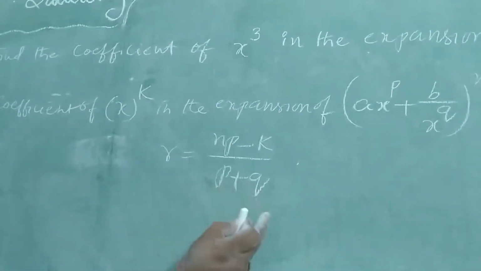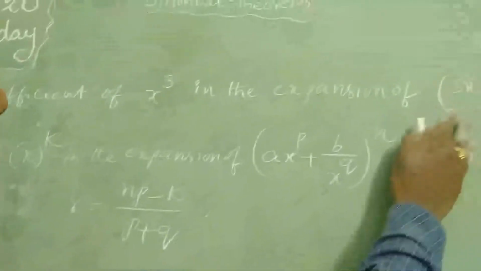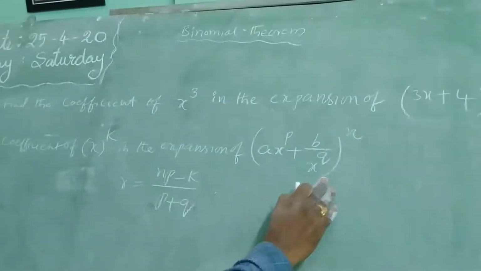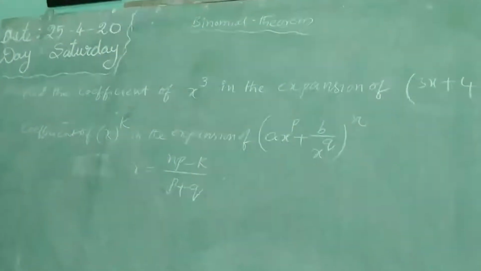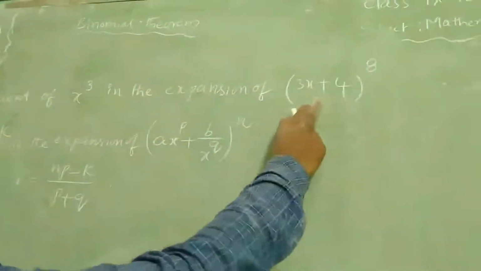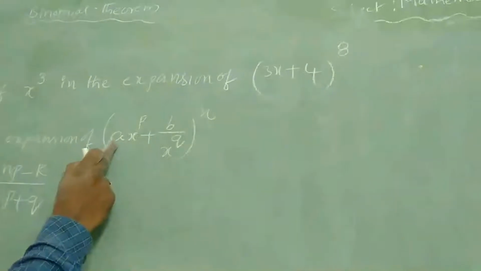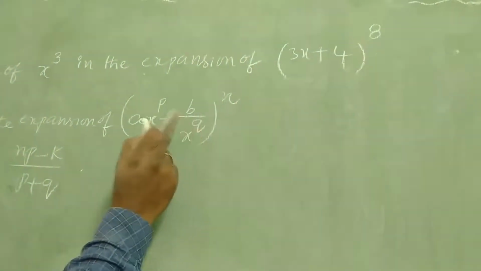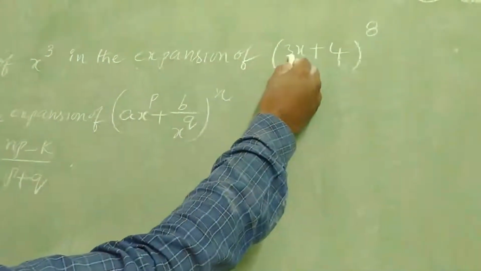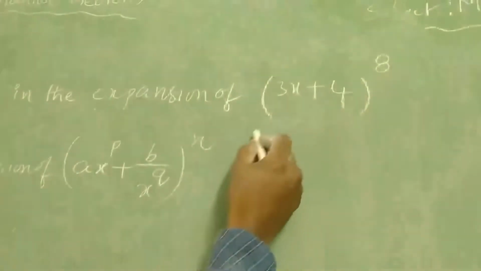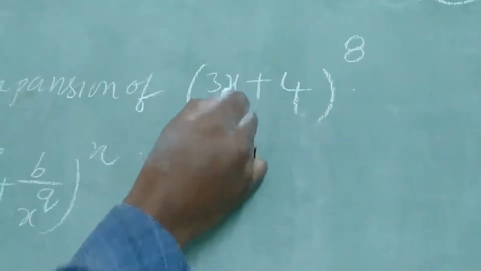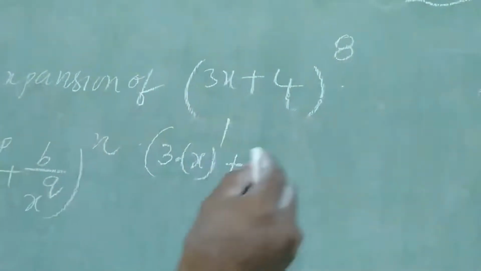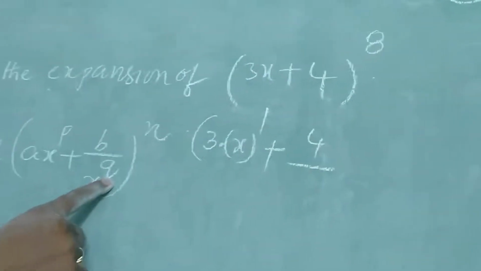Before that, express the given binomial in the form of (a x to the power of p plus b by x to the power of q) whole to the power of n. Actually, in this problem, it is 3x plus 4. It is not in the form of a into x to the power of p plus b by x to the power of q. So first I am modifying it: (3x plus 4) whole to the power of 8 can be written as 3 into x to the power of 1 plus b, which is 4, but x to the power of q is not there.